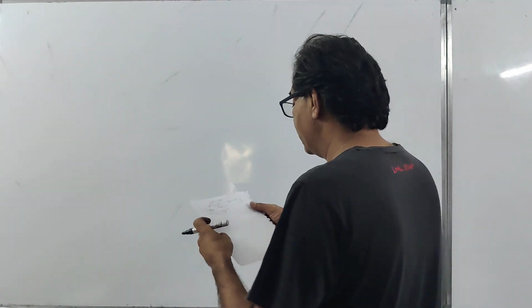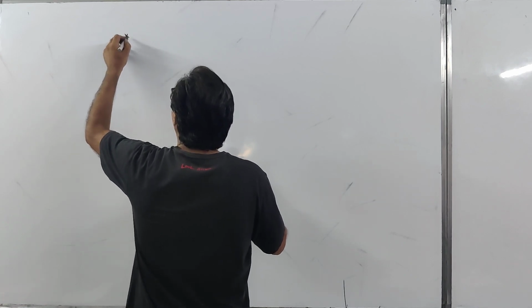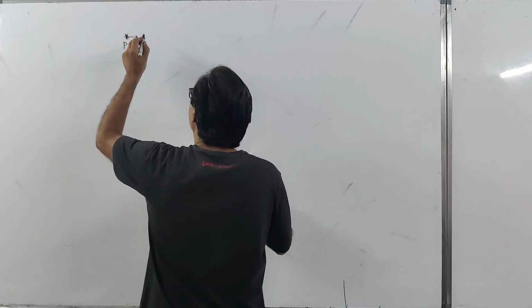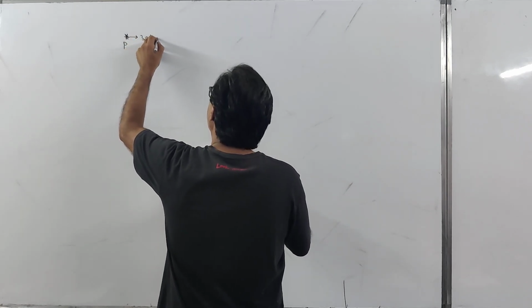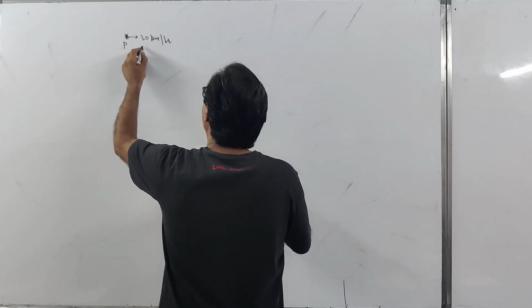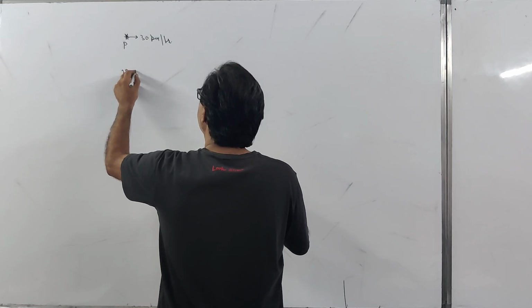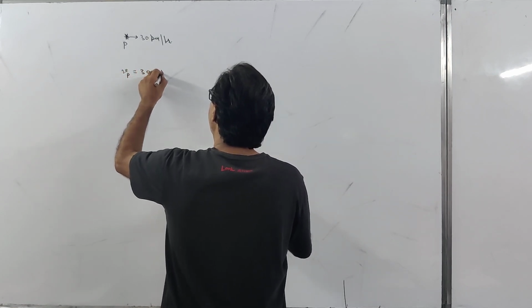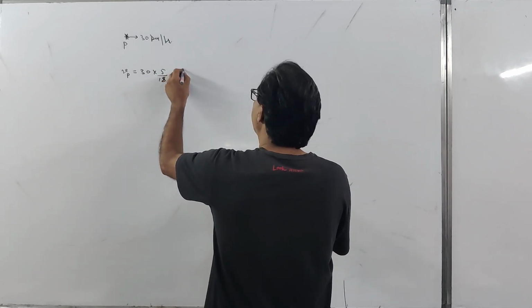He says there is a police car which is moving at the rate of 30 kilometers per hour, which can be written as 30 into 5 by 18. Anyway, velocity of the police car is 30 into 5 by 18, which will come out to be 25 by 3 meters per second.